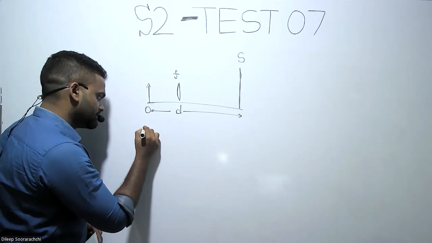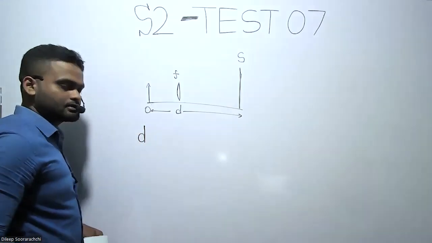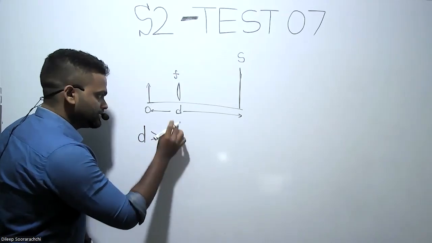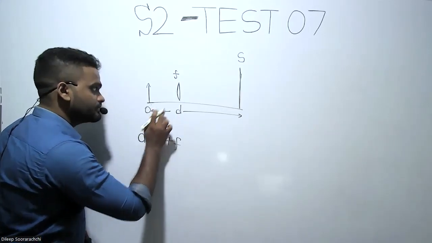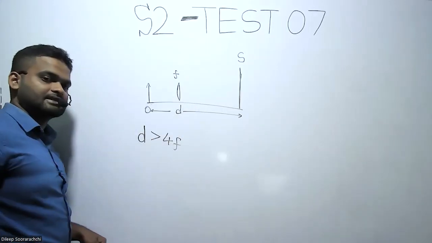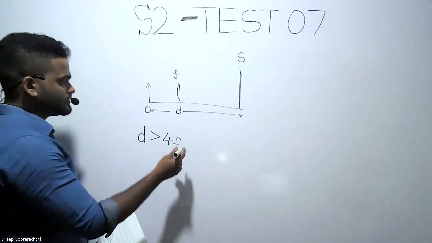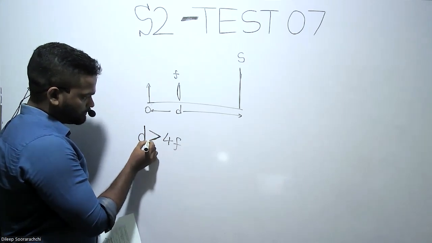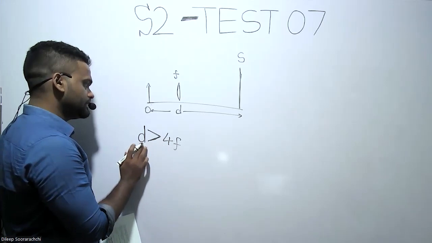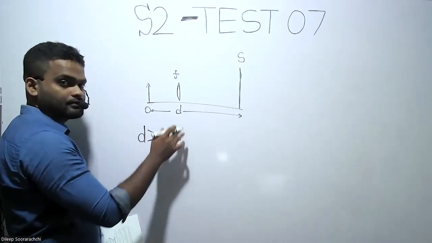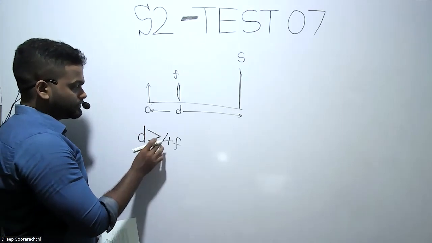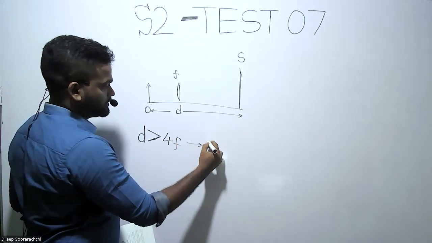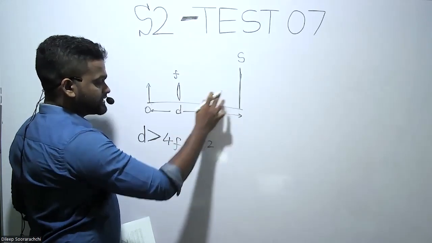You can check the proof of this in the theory notes. This distance should be greater than 4 times the focal length. So you just have to remember this. They'll just directly ask you, you don't have to prove that. Just remember D should be greater than 4f, 4 times the focal length. So if this is the case, this creates an image on the screen at 2 instances.